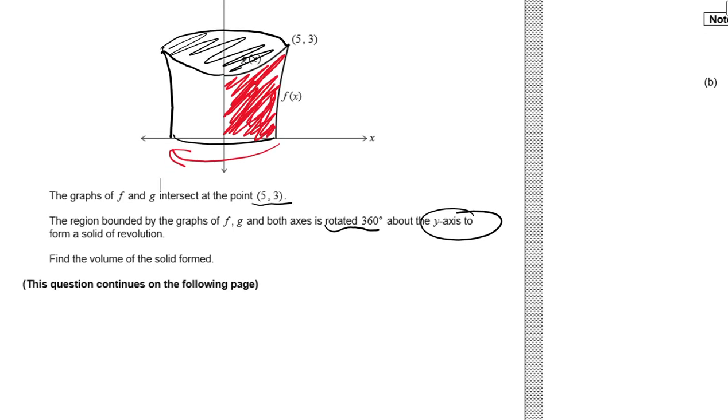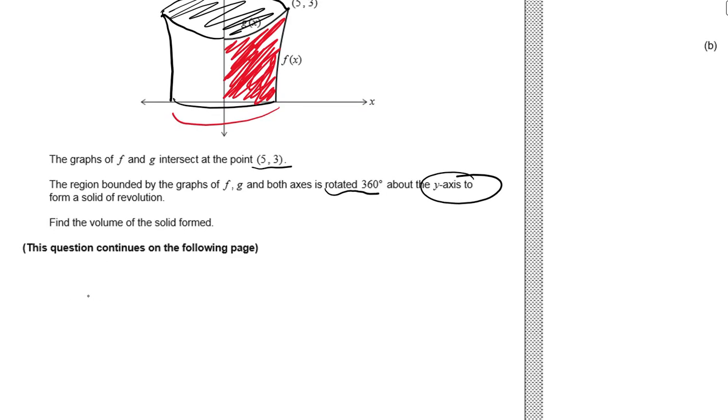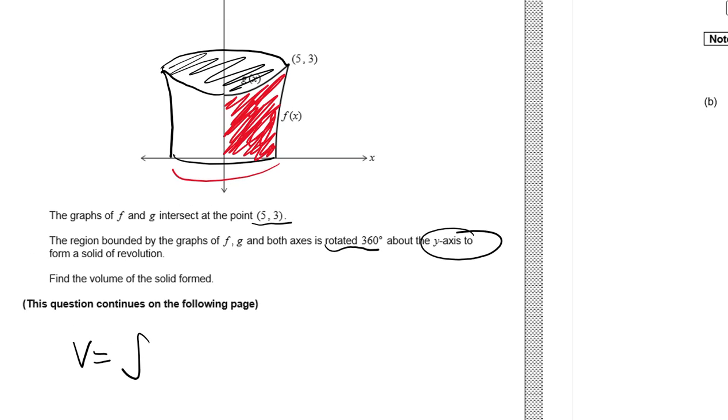Now we just have to find the volume, and this is what the shape looks like. So all we have to do is find the volume, and that's just integration.